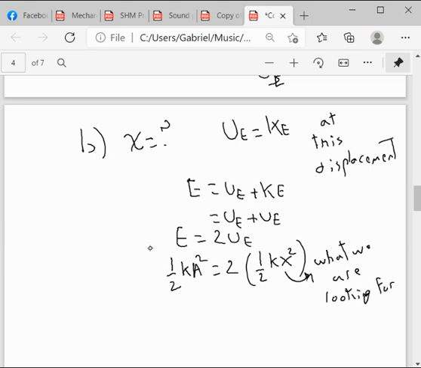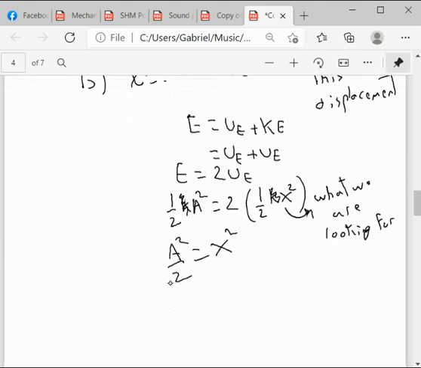So we found a way to calculate the position x, and you might still see that we have a spring constant k, but it's on both sides of the formula, so it cancels out. So we have a squared divided by 2 equal to x squared. If you plug in your amplitude of 0.5 meters, square that and divide by 2, then take the square root.